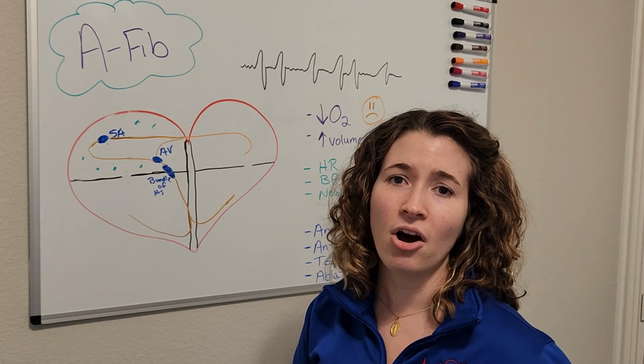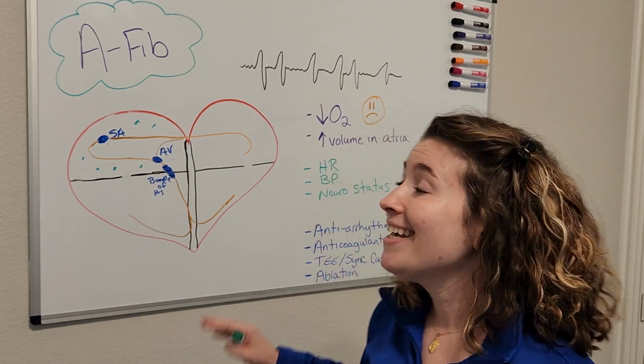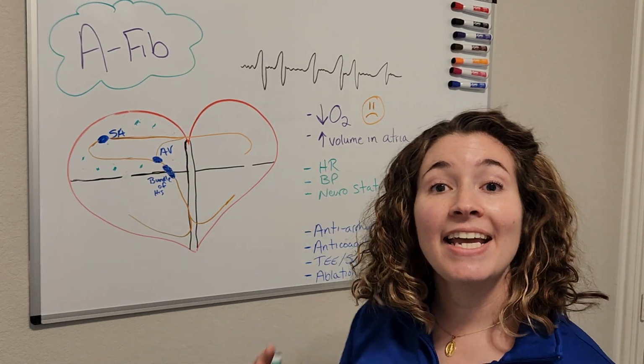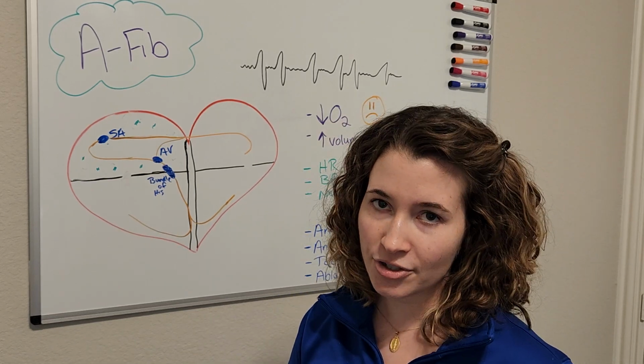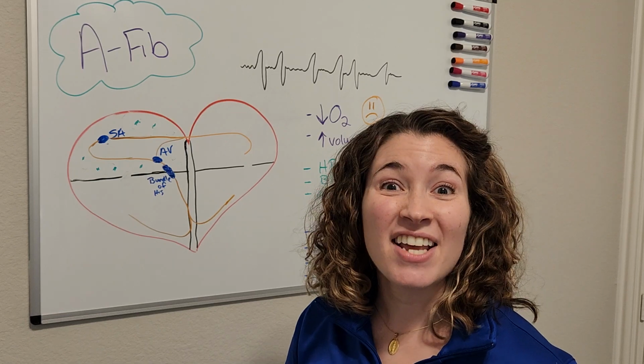The second main cause of this irritation is anything that causes an increase of blood volume in the right atrium of the heart, okay? So think of things like heart failure.